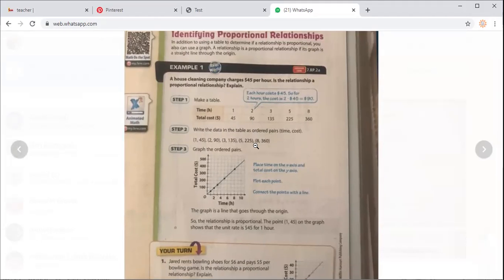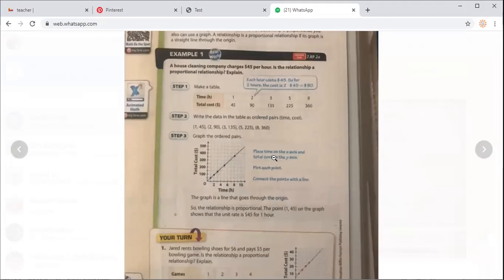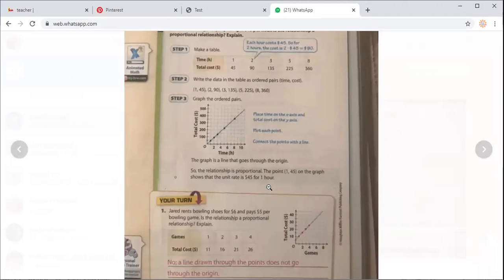We plotted them already, and then the relation, is it proportional or non-proportional? Proportional. How do you know? We know because it passes through the origin point when we graph it. When we simplified to find the constant value, we found that it has a constant value equal to 45.